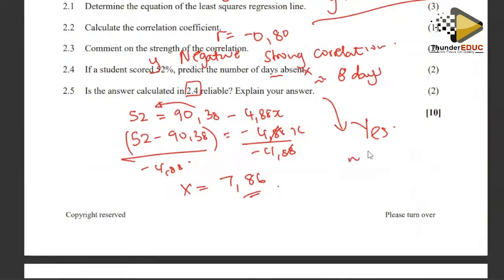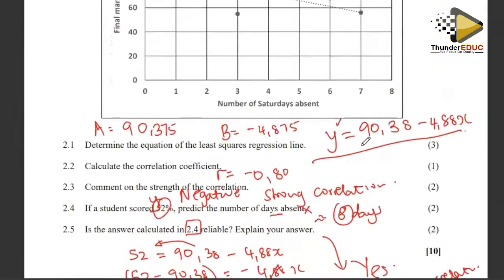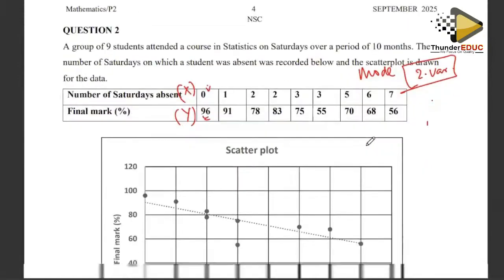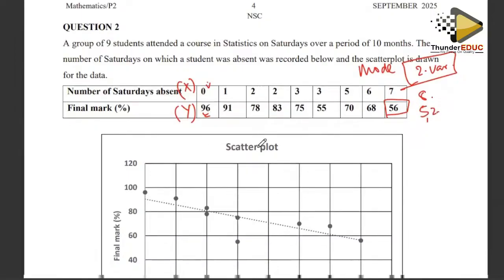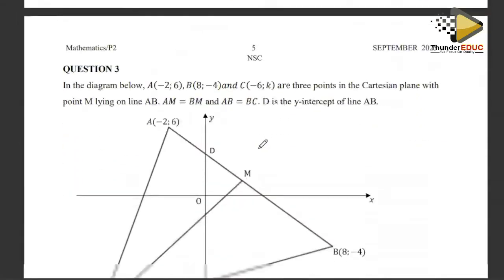Because the correlation is negative. Because of the negative correlation, meaning that if you're absent for more days, even the possible mark that you obtain is basically smaller. We are seeing that for 7 days, the learner got a 56. Now we're saying if the learner is absent for 8 days, it should be a 52, which means it's following the trend, meaning that it is very reliable.